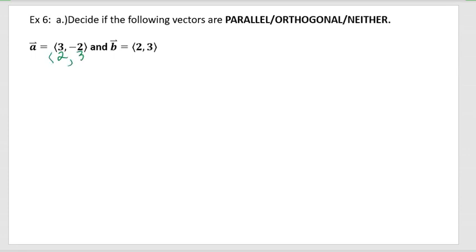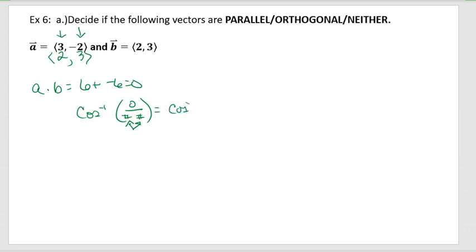Again, I like grouping these together because it makes me speed up. A dot B is equal to these two multiplied, 6, plus these two multiplied, -6. Holy cow, it's 0. So when I do cosine inverse of 0 divided by the two magnitudes, it doesn't matter what they are. 0 divided by anything is still 0.